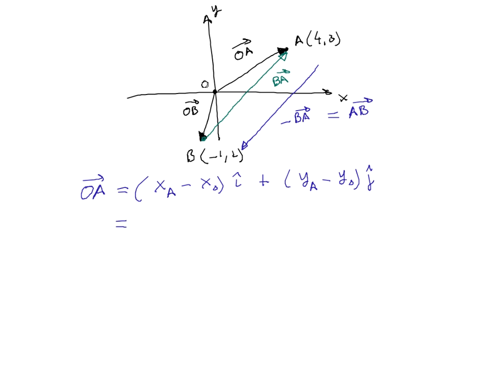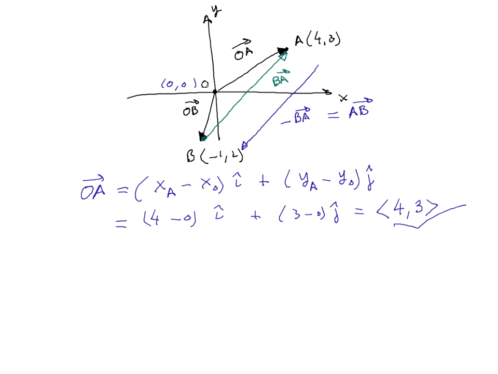So in this case, it would be 4 minus 0, and 3 minus 0. The nice thing about the origin is the coordinate is 0, 0. Hence, the coordinate of OA is, in shortcut notation, 4 and 3. Okay, so it's always final minus initial.